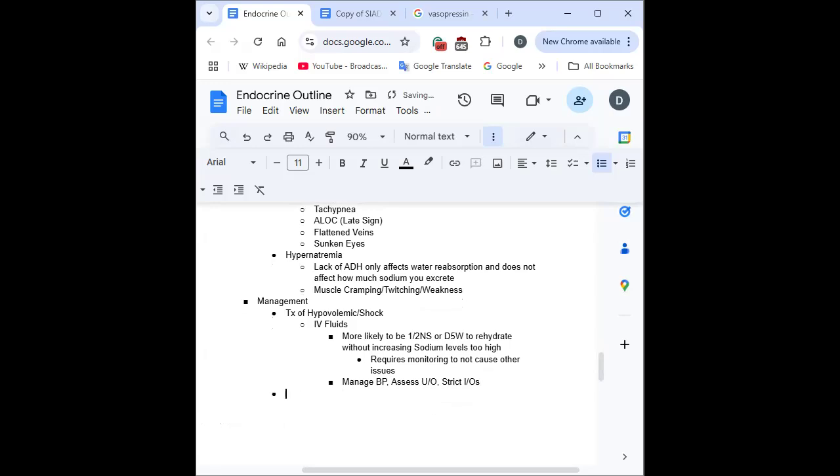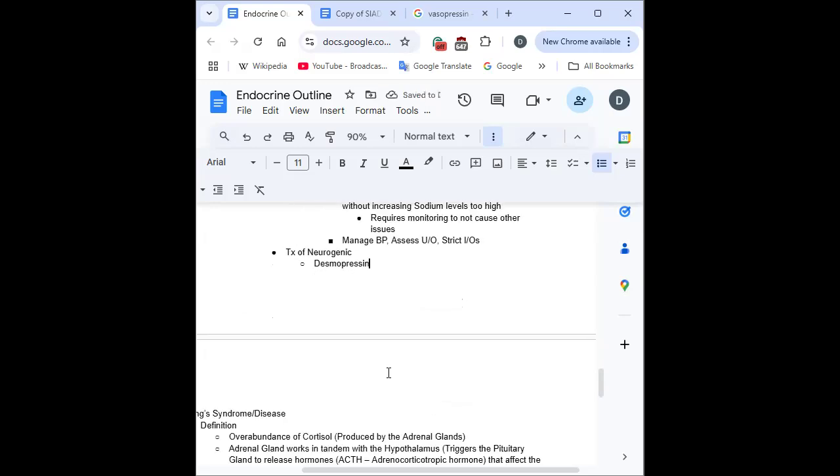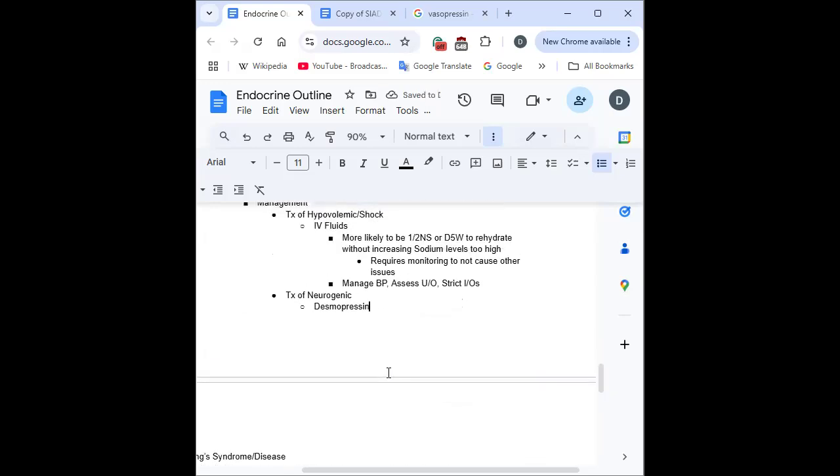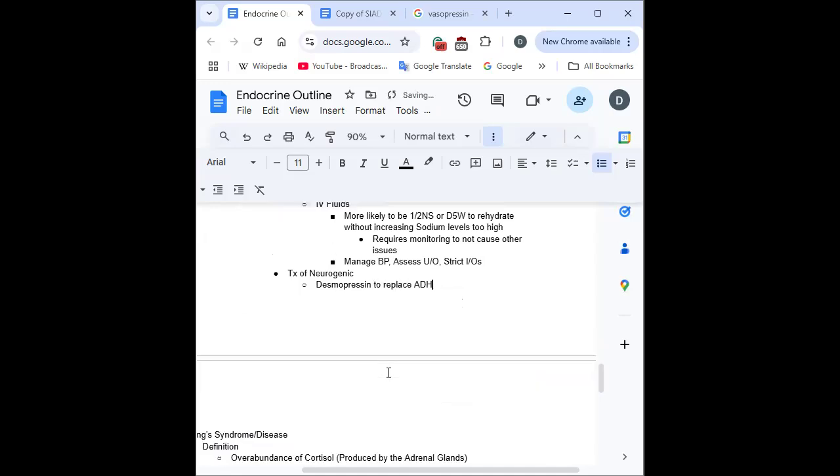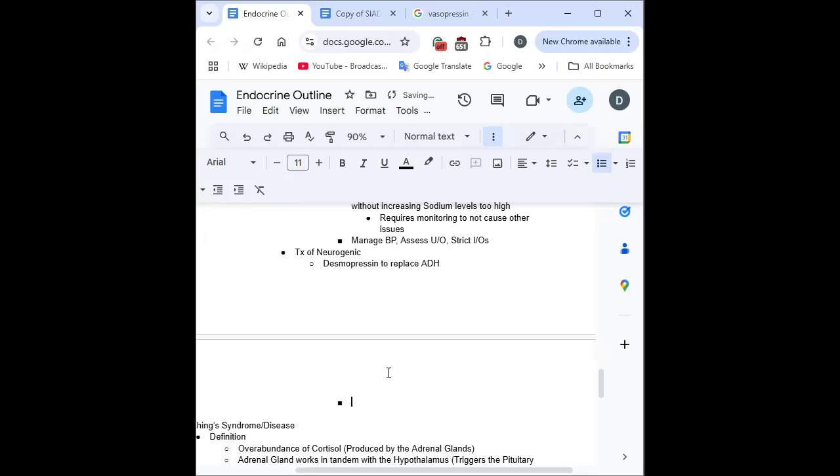And then you can have treatment of the neurogenic type with desmopressin. During that water deprivation test, the desmopressin was doing the job, so we're going to keep doing the desmopressin if it's neurogenic. It can be given IV piggyback, nasal, or sublingual.